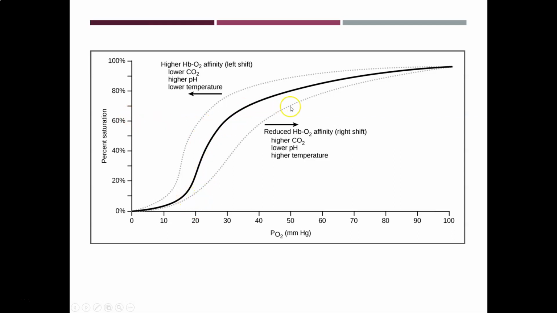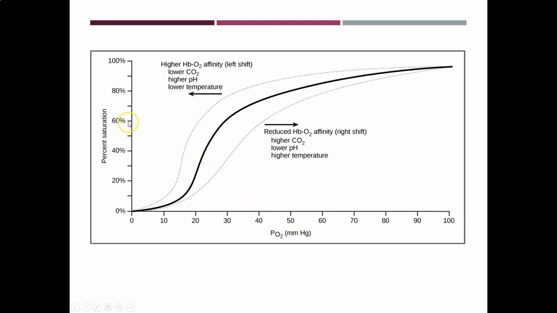Whereas if the curve shifts to the right, you have a reduced hemoglobin affinity for oxygen. These are conditions usually of higher CO2, lower pH, and higher temperature. Higher CO2, for example, would be at the tissue level. It takes a higher pressure of oxygen for it to bind onto the hemoglobin.